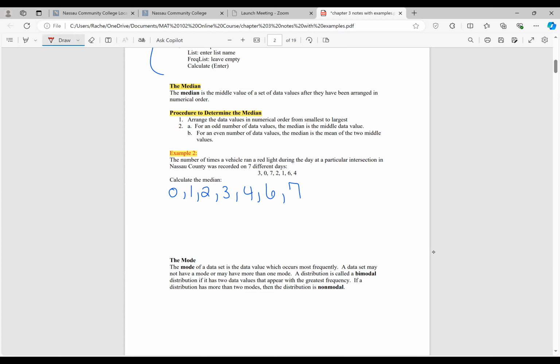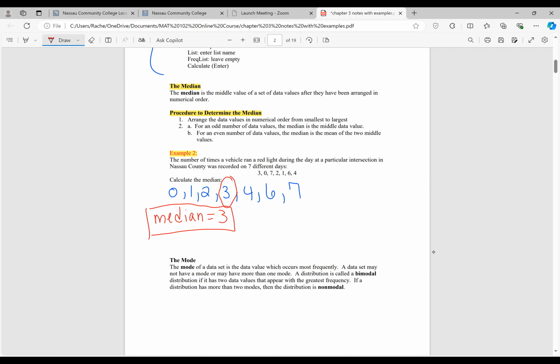So if we count into the middle number of the set, it's going to be 3. So the median is going to be equal to 3 in this case. And there's no special symbol for median. You know how for the mean we had either X bar or mu, the median, there is no special symbol. We just call it the median.